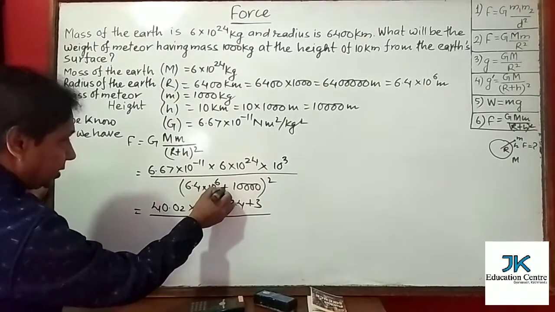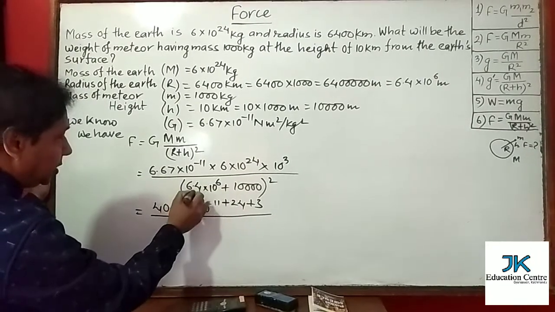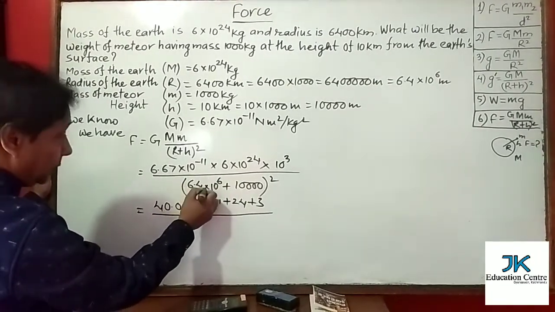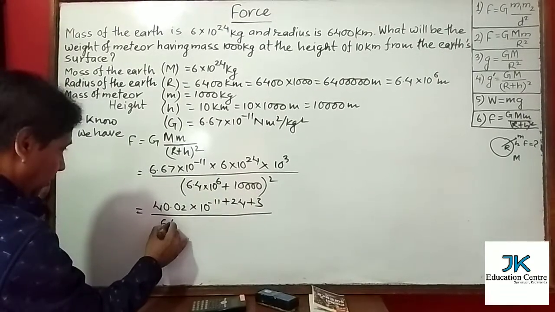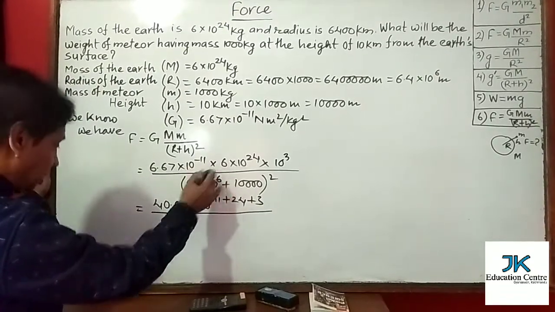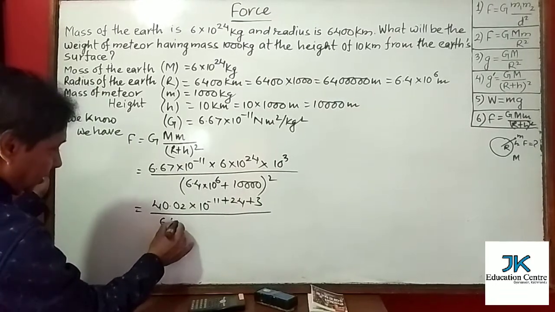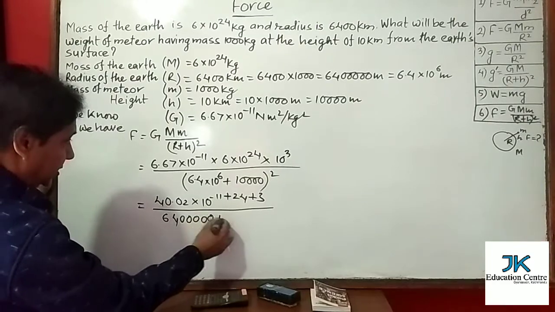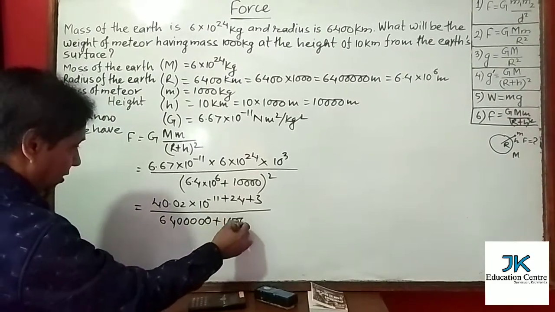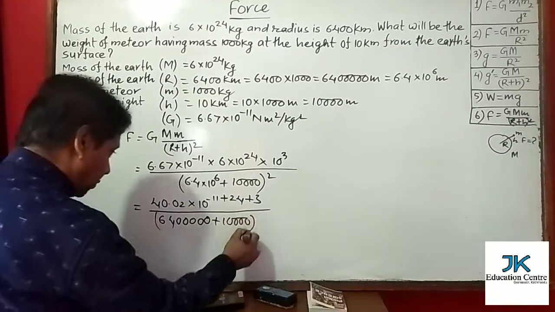This is not a multiplication sign, so we have to convert this into a normal number and add these two. Here we have 10 to the power 6, so 6400000 plus 10,000, and this whole squared.